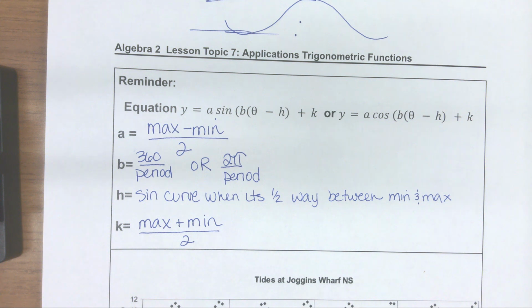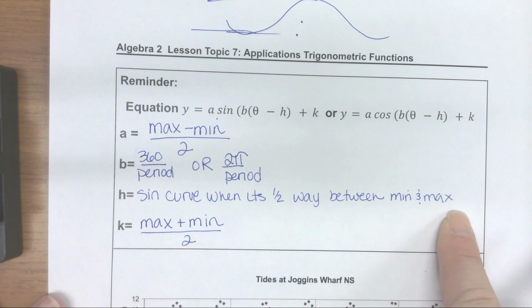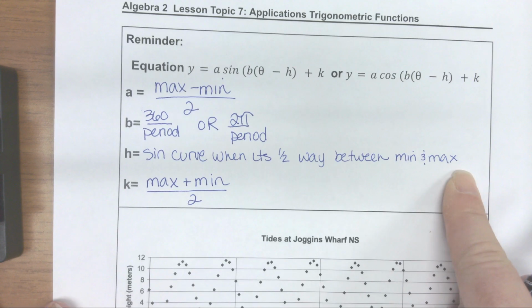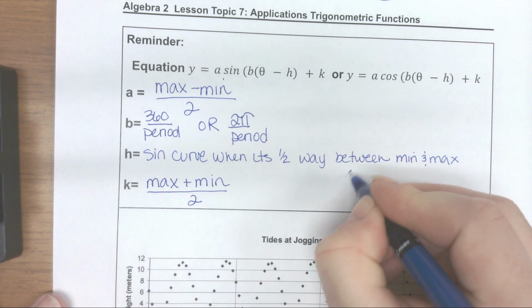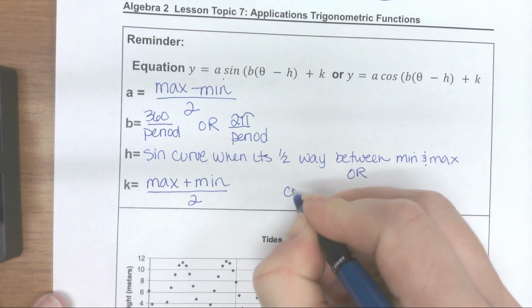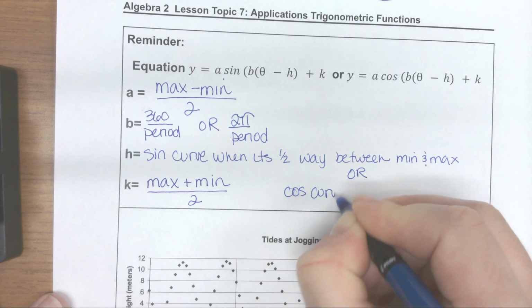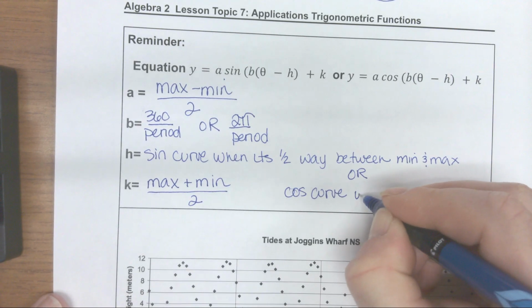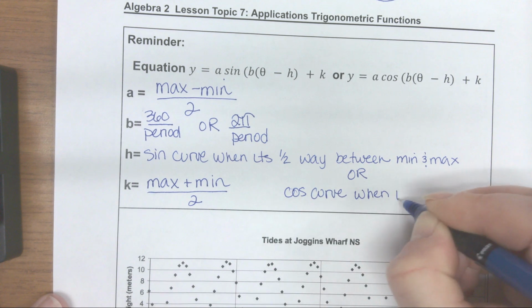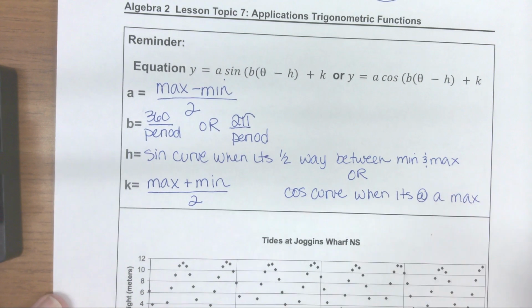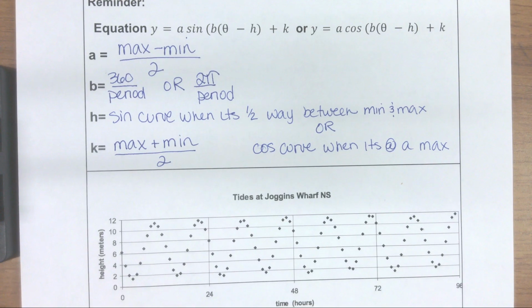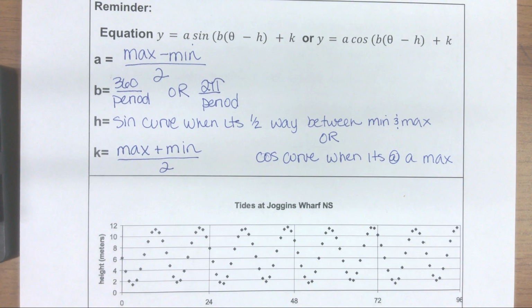So there might be more than one answer. Or if you're dealing with the cos curve, you want to pick H to be when it's at a maximum, because that's where the cosine curve typically starts. Okay? All right.